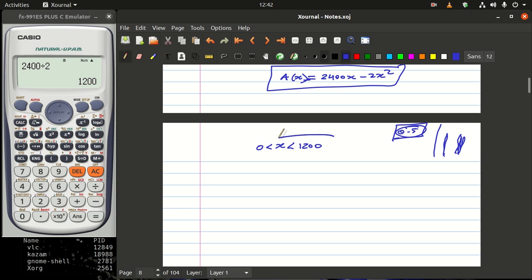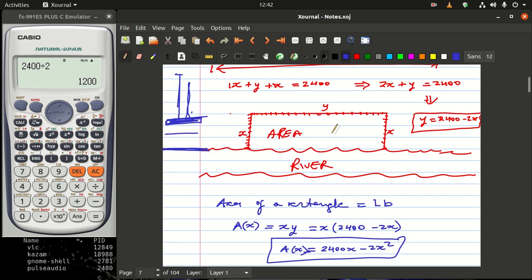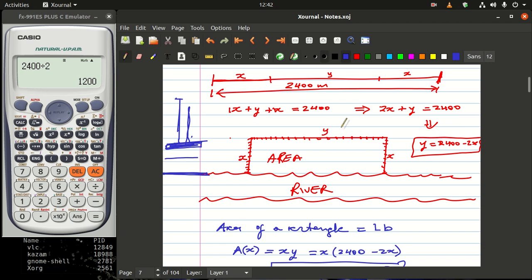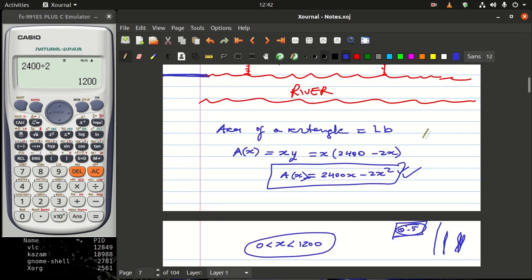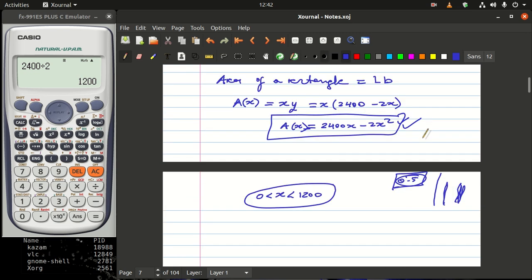So there is a mark for knowing the interval. The mark is for knowing this whole thing, drawing the picture to show that you know what you are doing, and also finding this equation here.